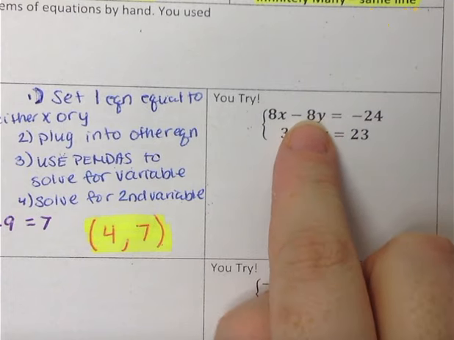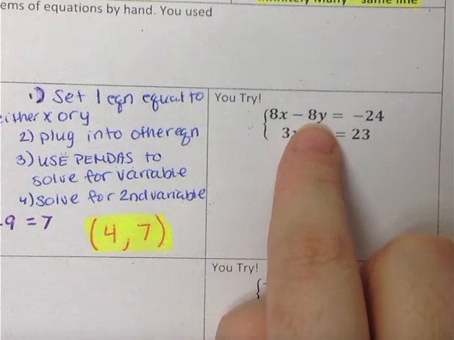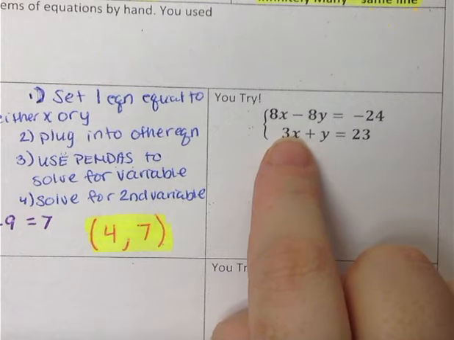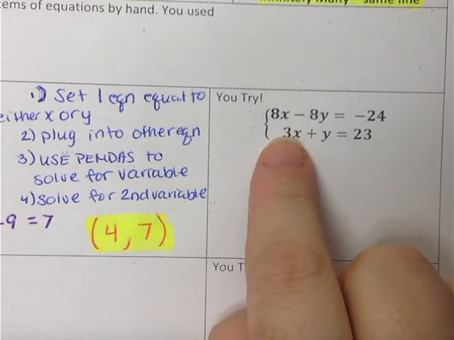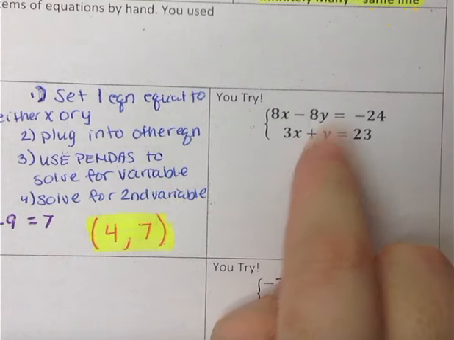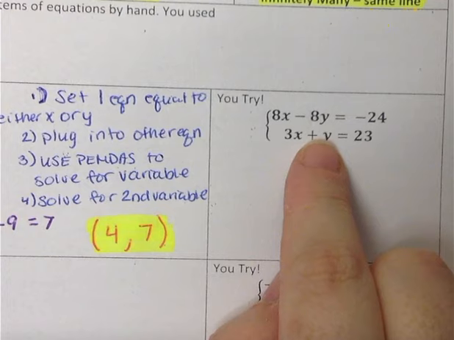I could solve the first equation for y because, again, I can divide everything by 8. The second equation, I would not want to solve for x because I cannot divide everything by 3. The second equation, I can solve for y easily because I do not have to divide by anything. That's actually the one you would want to solve for. If you see one of the variables has a 1 in front of it, then that's one you solve for.